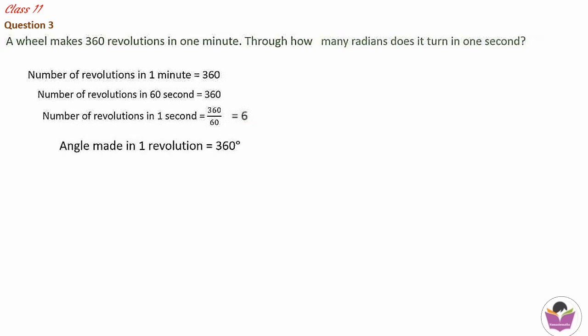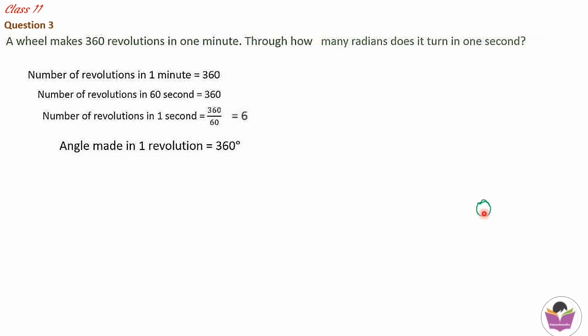Now, the angle made in 1 revolution is 360 degrees. How 360 degrees? Means it is in circular shape. Just you can see that a wheel is in circular shape. So just imagine that it is circle in shape, even though it is not in circular format.